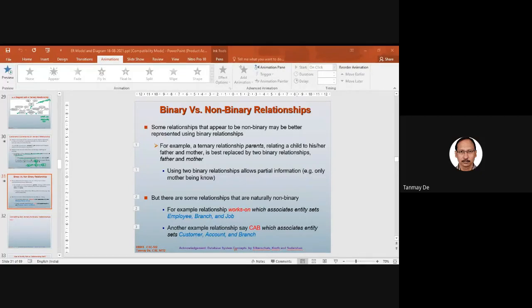Now I am on slide number 29. Is it visible from your side? Yes, sir. Okay. So this is the works-on relationship, a ternary relationship. Which slide did you say? 29, sir. No, sir, it's not visible. We are still at 31. I think some other students can see it. That means the problem is your network.